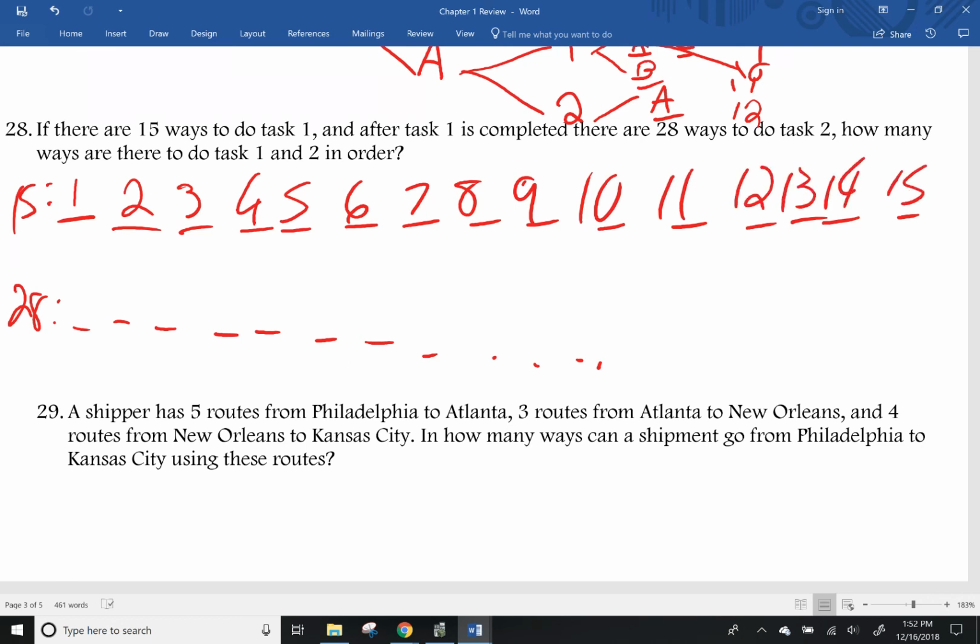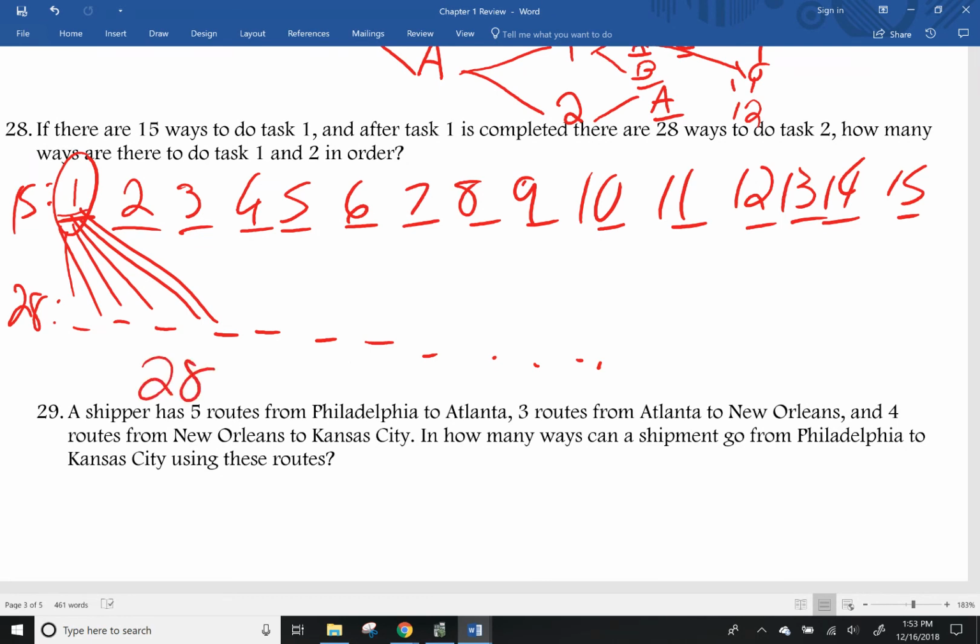So if you choose the first way, option A or whatever, you could pair that with all 28 for option 2. That 1 with those 28 means there's 28 ways there.